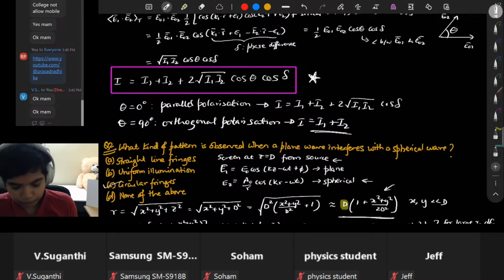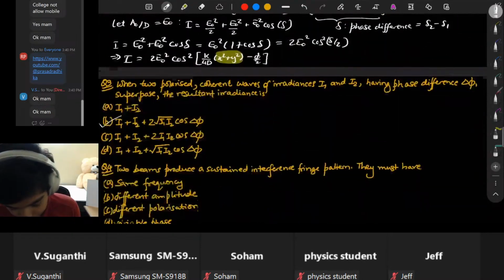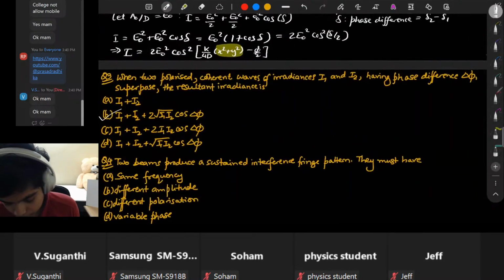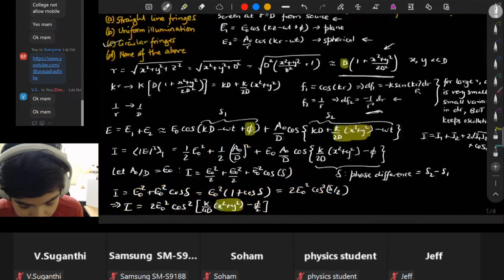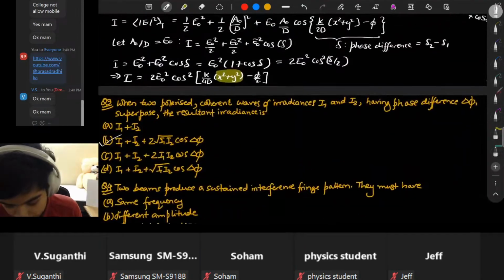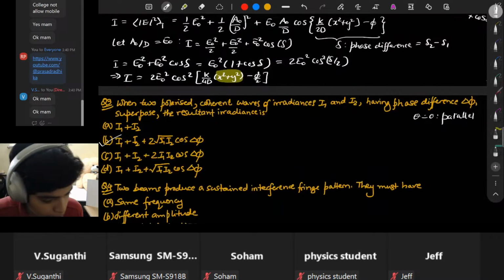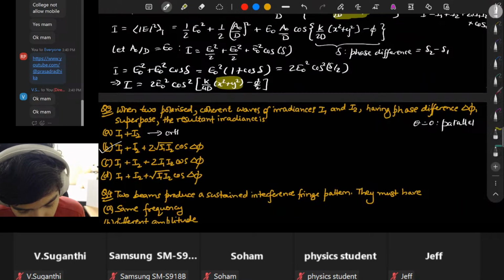This is very important. You should always keep this in mind. From this general equation, we get this equation over here for the case when theta equals 0, meaning parallel polarization.